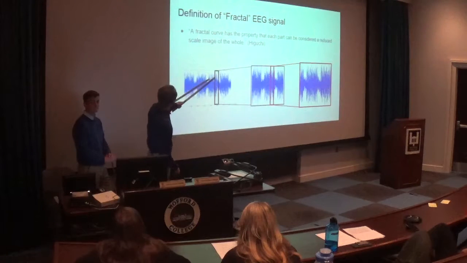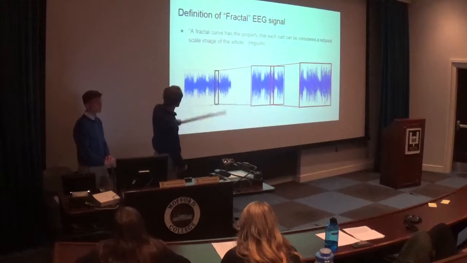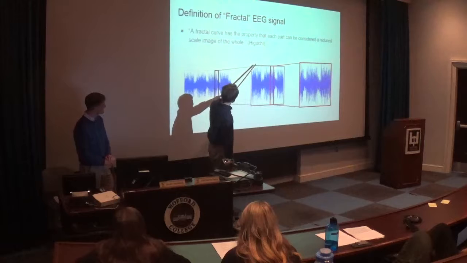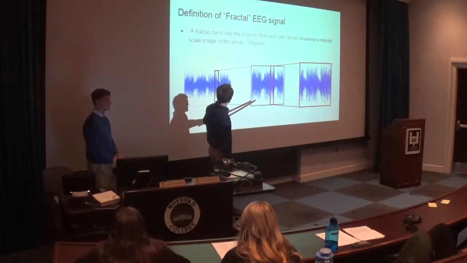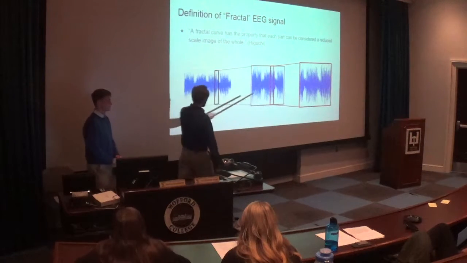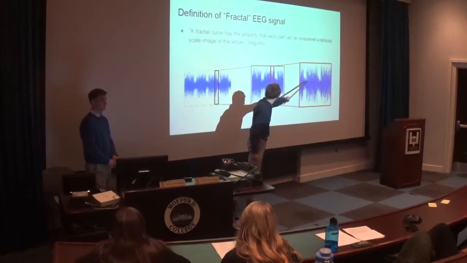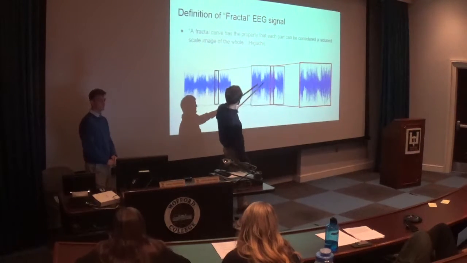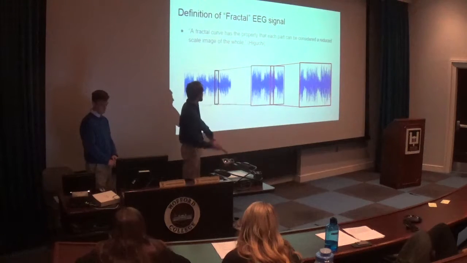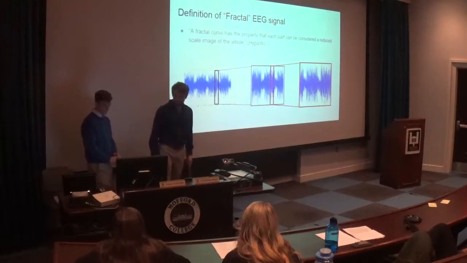So if this is EEG data and we take a little piece of it and blow it up, we expect to see something that looks similar to the whole thing. If we take another little segment and blow it up, we expect to see more complexity reflective of the previous image. A perfect fractal would keep doing that indefinitely.